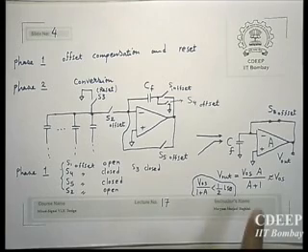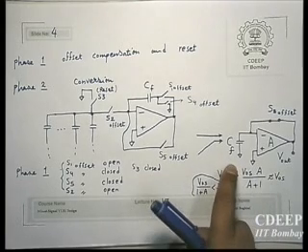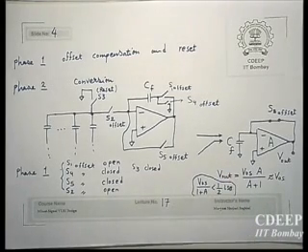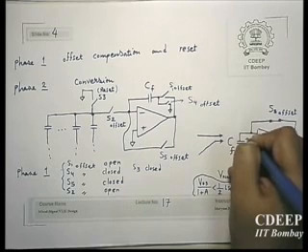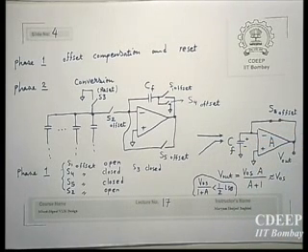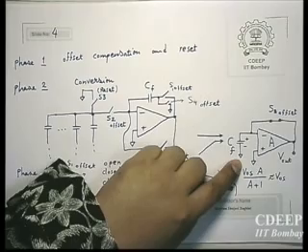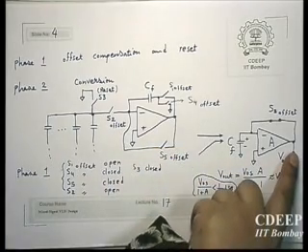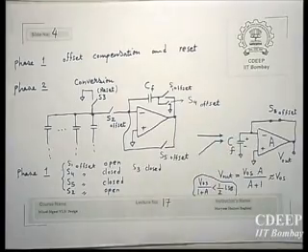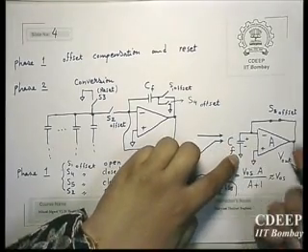So now because the output is almost V offset, that will be stored on capacitor CF, which is going to be kept in the feedback mode. And the direction will be like this, right? Now you can see how it is getting compensated. Because as soon as this node which is connected to ground is connected back to the output afterwards, your output will be V offset plus something minus V offset, because this is connected to the output.